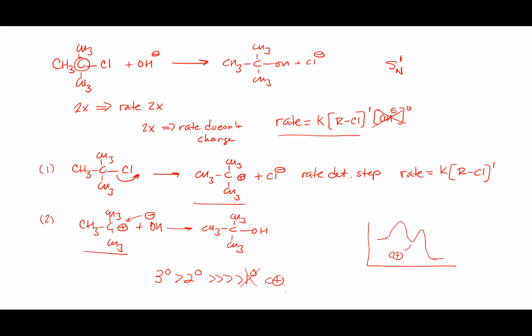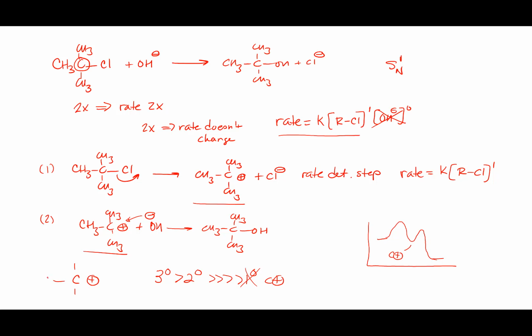And people came up with that. And you might say, well, why? How do you get that? Well, a carbocation has 6 electrons. It's not happy. It's not stable.